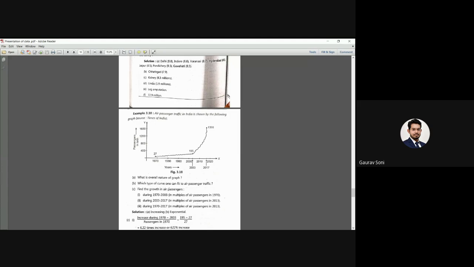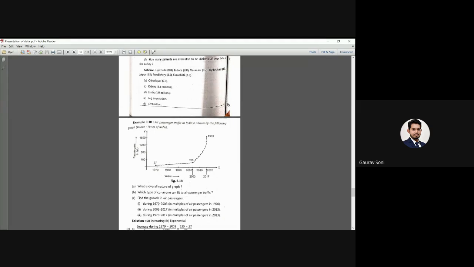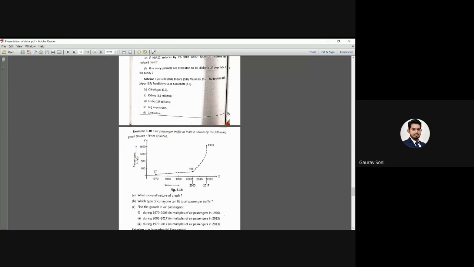Find the growth in air passengers during the year 1970 to 2003. So what is the growth?